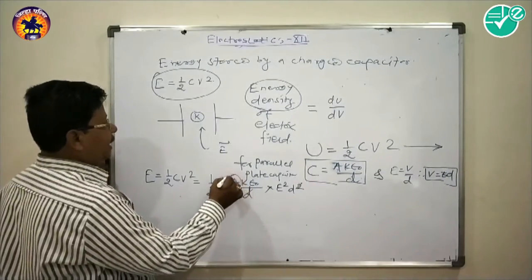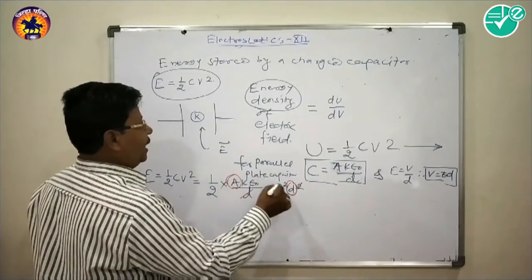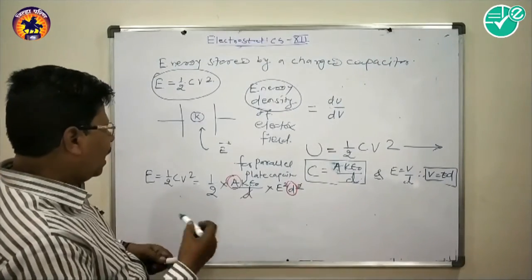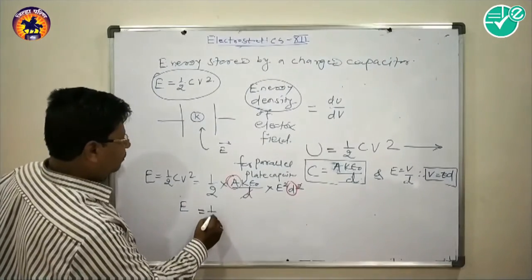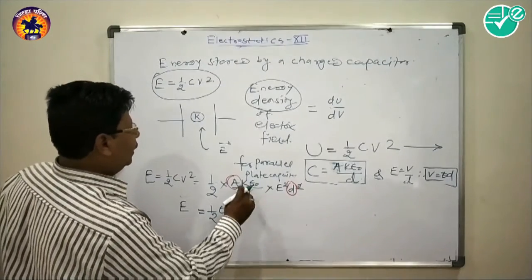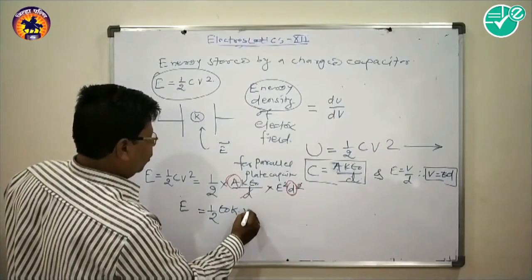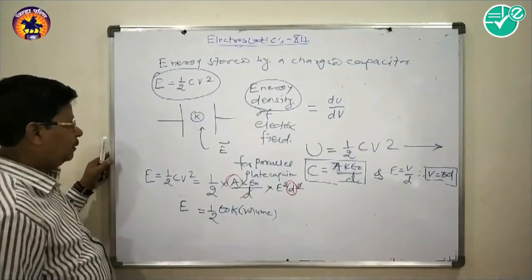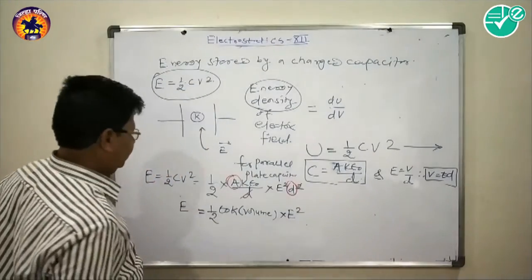Again, this area multiplied by this distance d, so area into d is volume, and therefore our formula becomes E is equal to 1 by 2 epsilon 0 k into A into d, which is volume, and into the term E square.